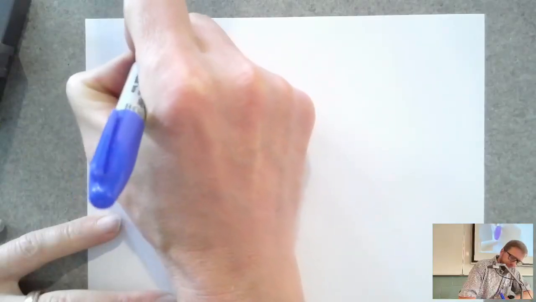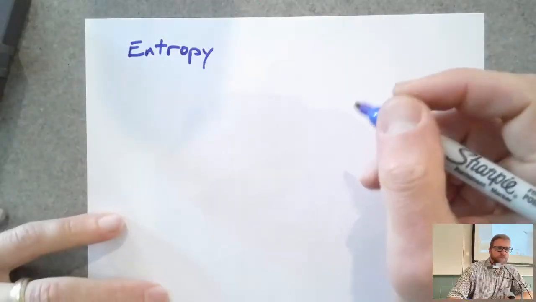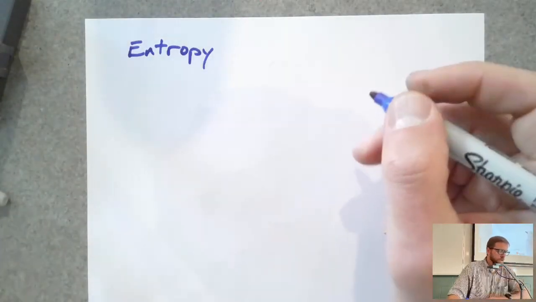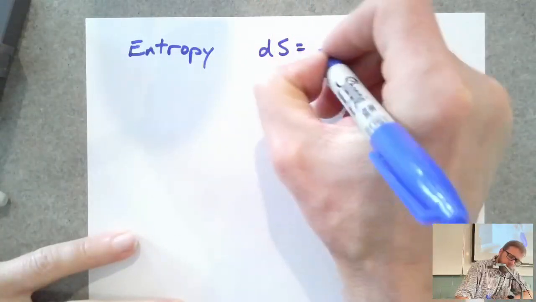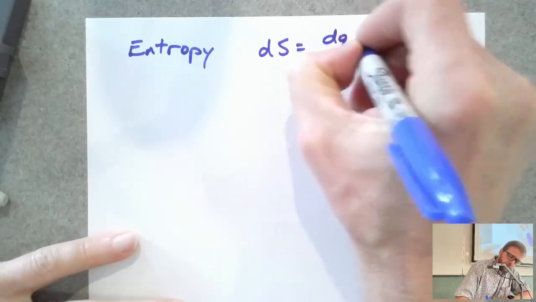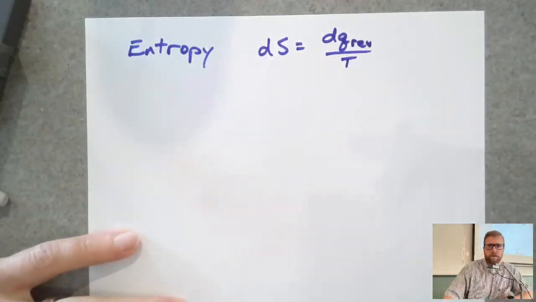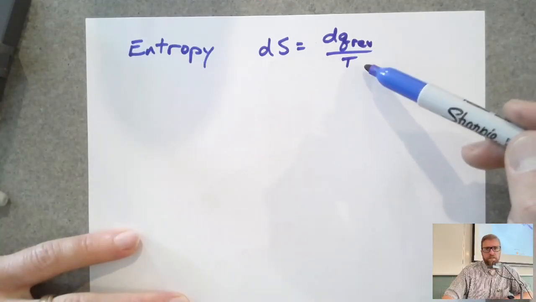Okay, so we're going to review a little bit about entropy. And we've already kind of introduced this a little bit with statistical mechanics. Entropy is defined to be the reversible heat divided by the temperature, right?